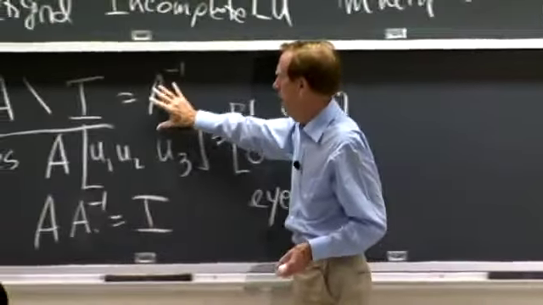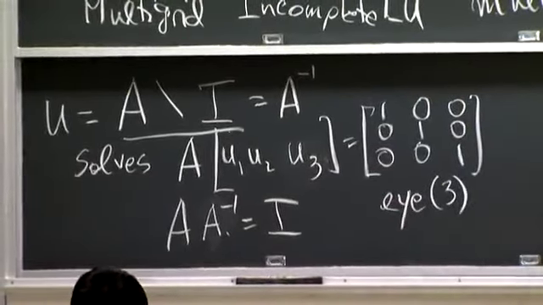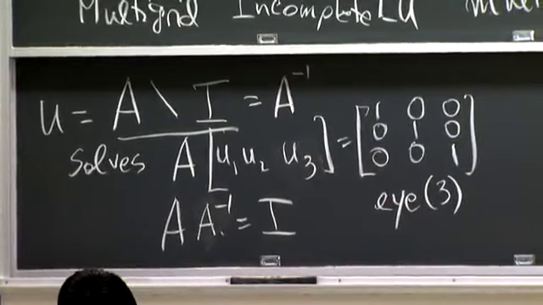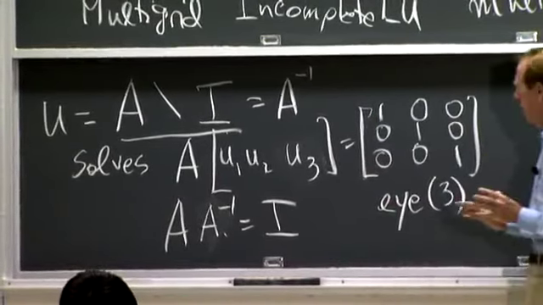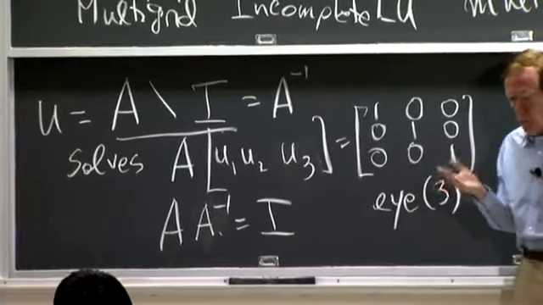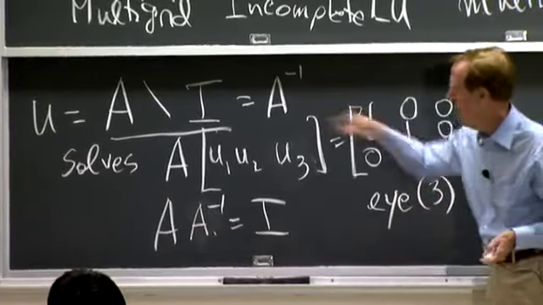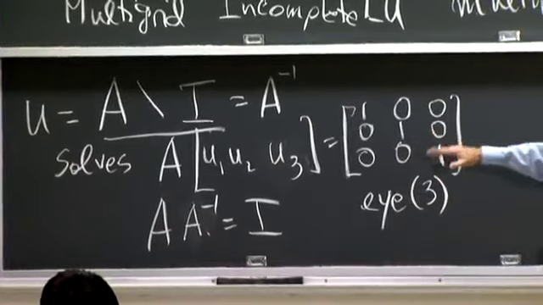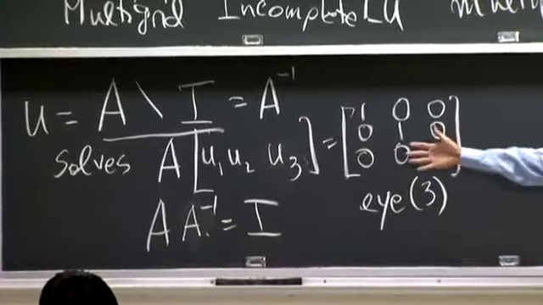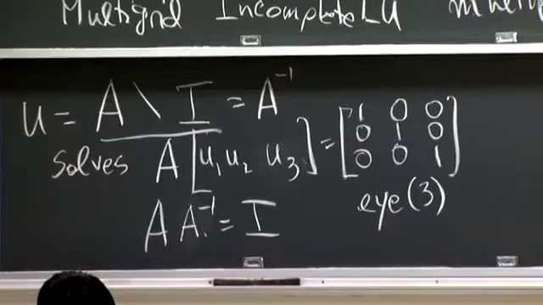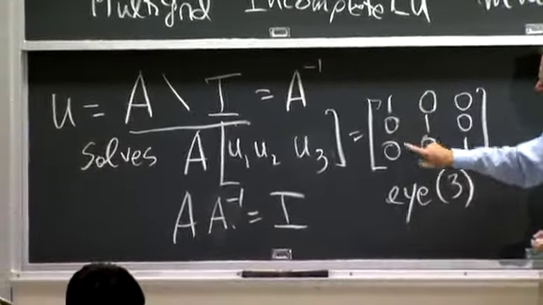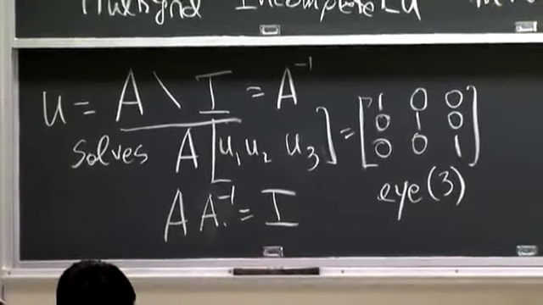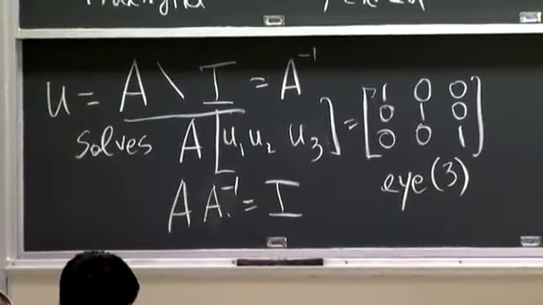And it's worth giving some words to that fact. How would I describe this? This is a set of 3 different problems. I would describe 1, 0, 0, that right-hand side, as an impulse.